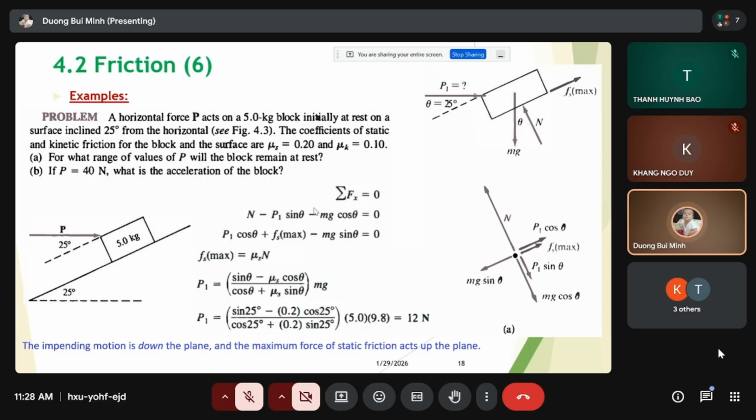And here you can get mu s, b1 sine theta plus mg cosine theta, right?